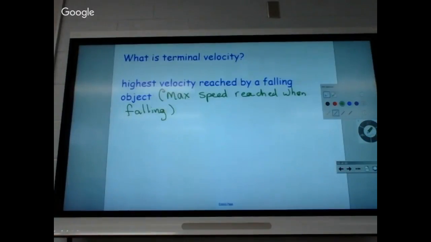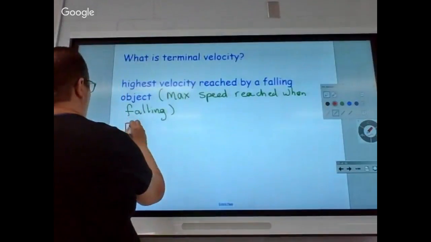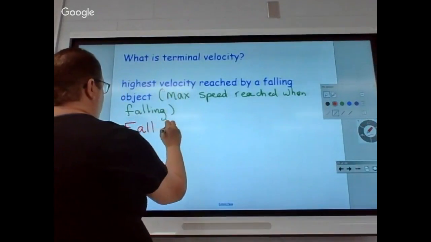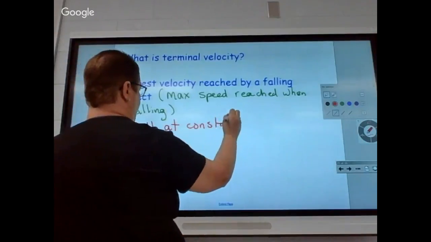So, when they stop accelerating, what happens to them? Do they stop moving? No, they stay the same speed. So when they reach terminal velocity, now they fall at constant speed.